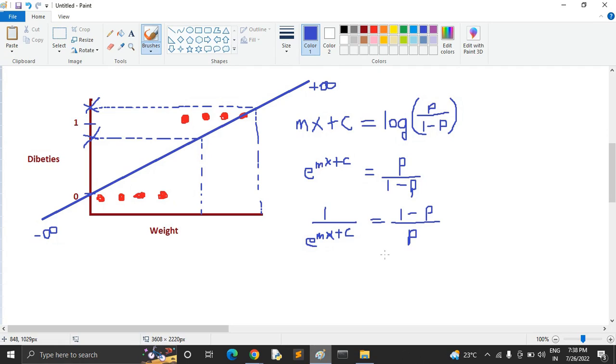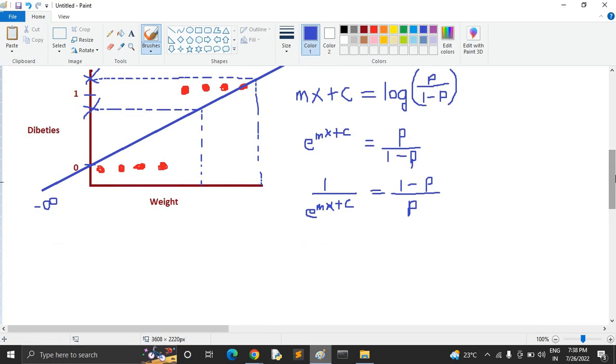Right? So after doing that, I will split this term. The left hand side equation will become as it is, so e to the power mx plus c is equals to 1 upon p minus p by p.